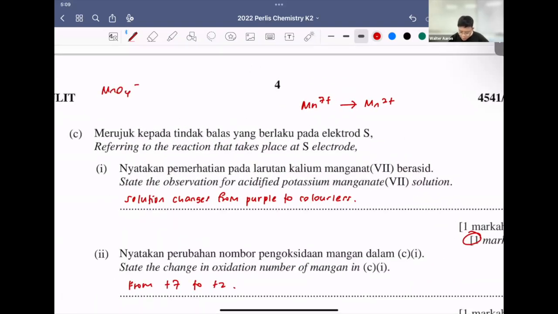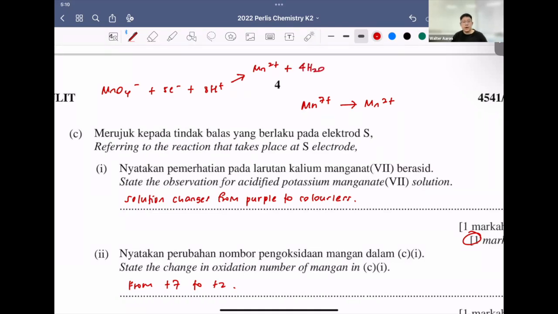It's going to be MnO4- plus 5 electrons, and then you have to add another 8 hydrogen ions for the formation of water. And then what you'll get is Mn2+ plus a total of 4 water molecules.